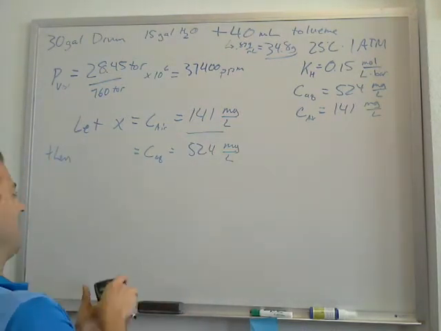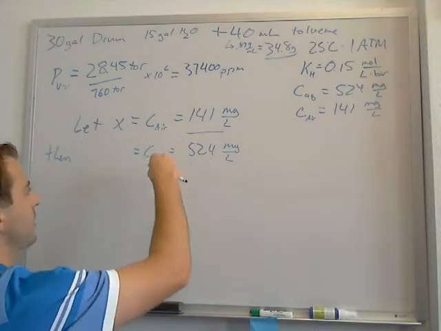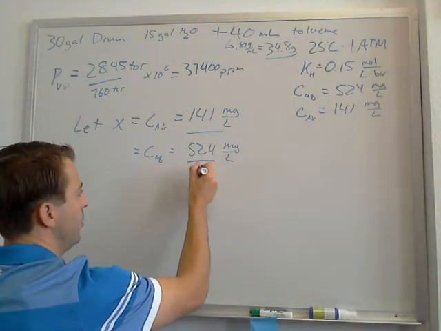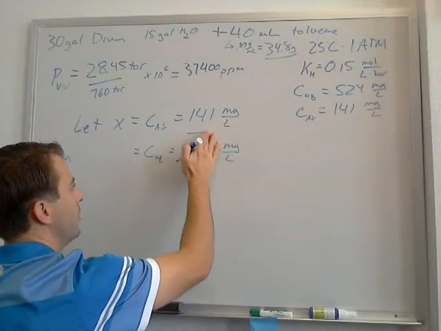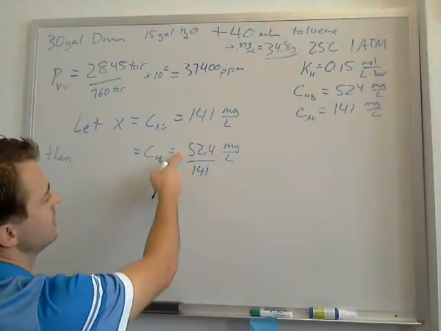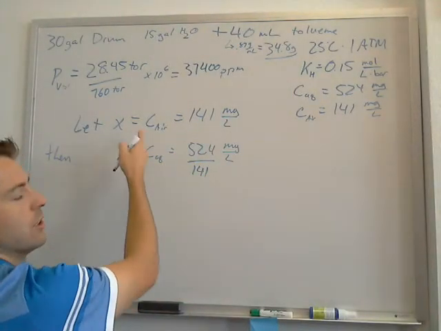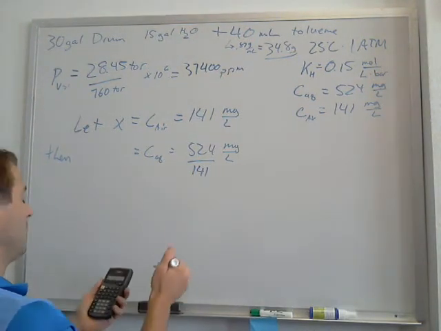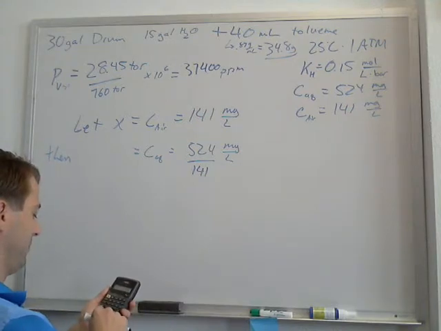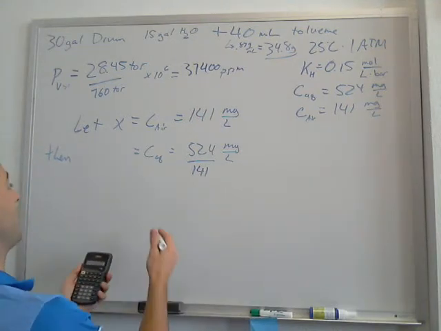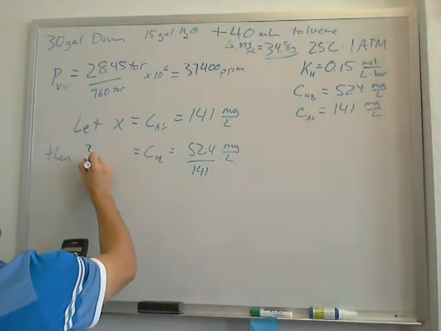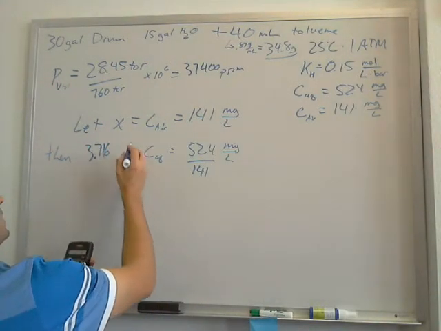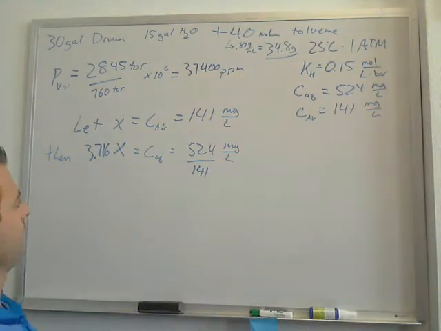So we calculate that. Sorry, it's not. It's 524 over 141 because this is numerous times larger than air. So 524 divided by 141 is 3.716 x. So now everything's expressed in terms of x.